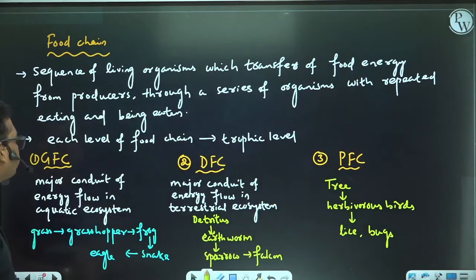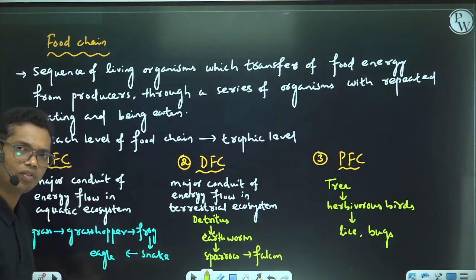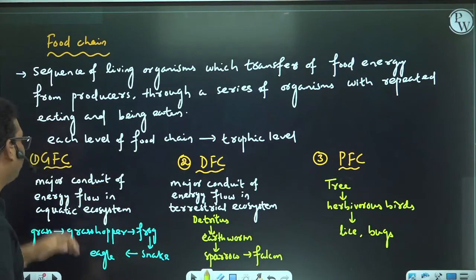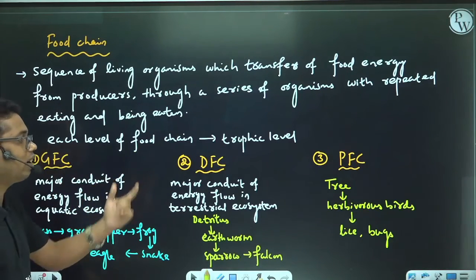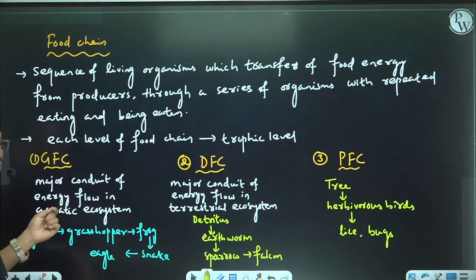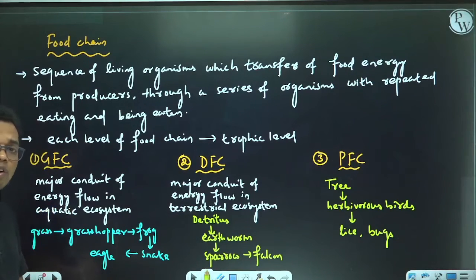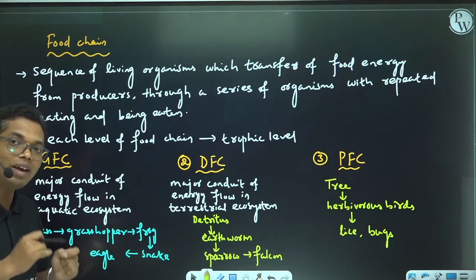That is food chain. Each level of the food chain is known as trophic level, and the food chain is of three types: grazing food chain, detritus food chain, and parasitic food chain.